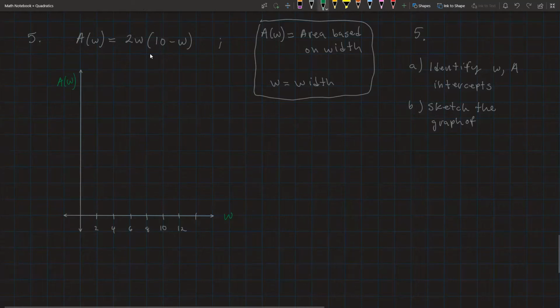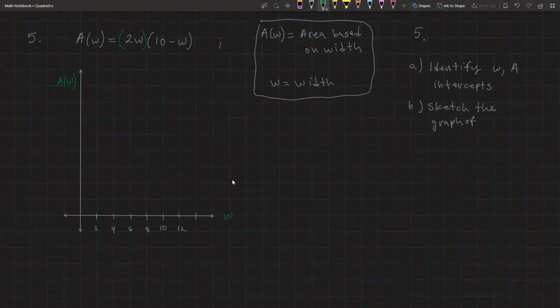Give you 3 seconds to pause it or figure it out yourself. 1, 2, 3. It is factored form. So we can start with W-intercepts instead of T- or X-intercepts. W-intercepts are when the two somethings are equal to 0.